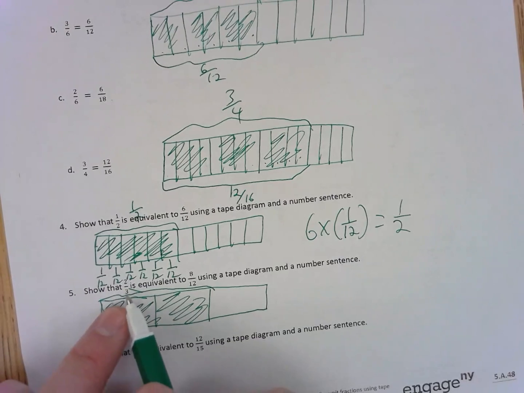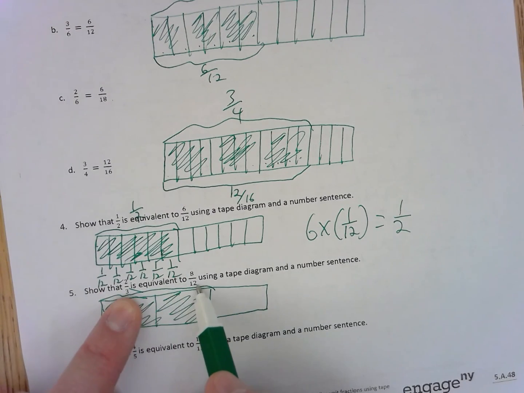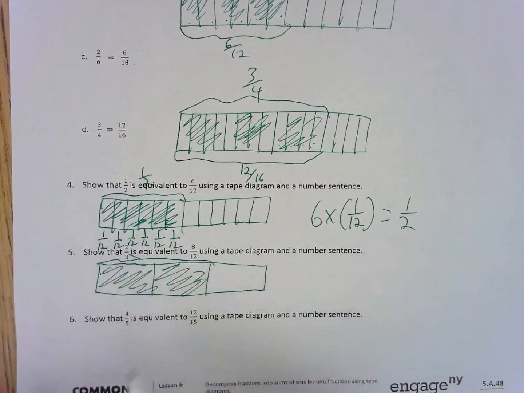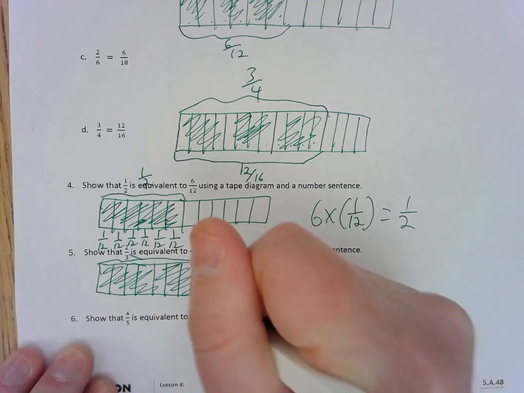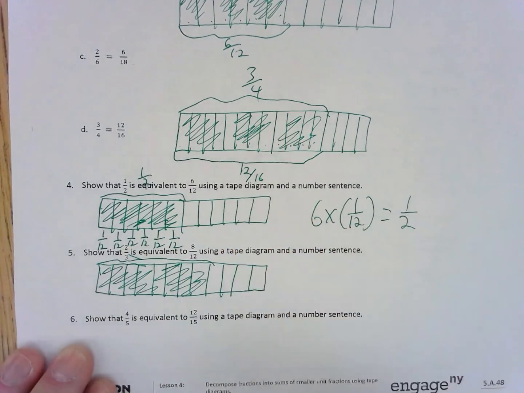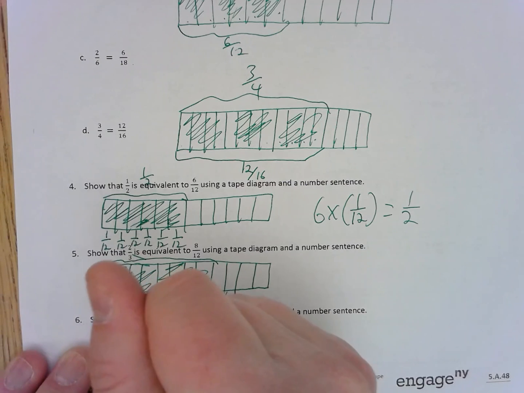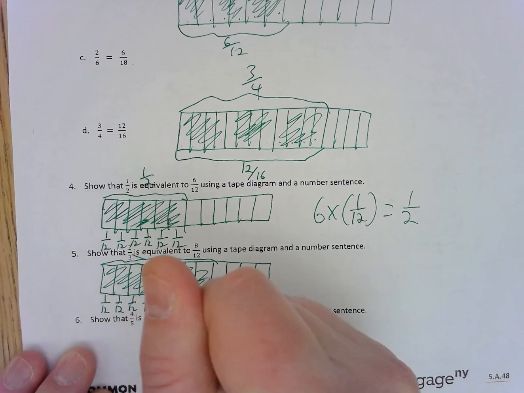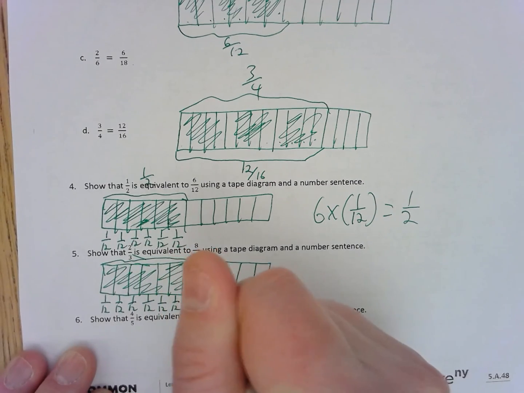Now we want to go from 2/3 to 8/12. So to go from 3 to 12, we have to multiply by 4. So we're going to break these up into fourths, each part. So each one of these is worth 1/12, 1/12, 1/12, 1/12, 1/12, 1/12, 1/12, and 1/12.